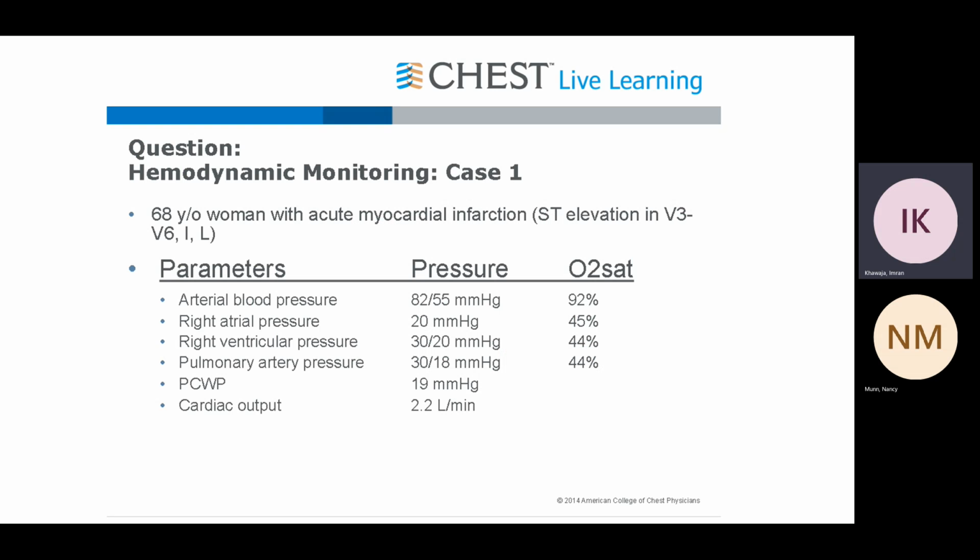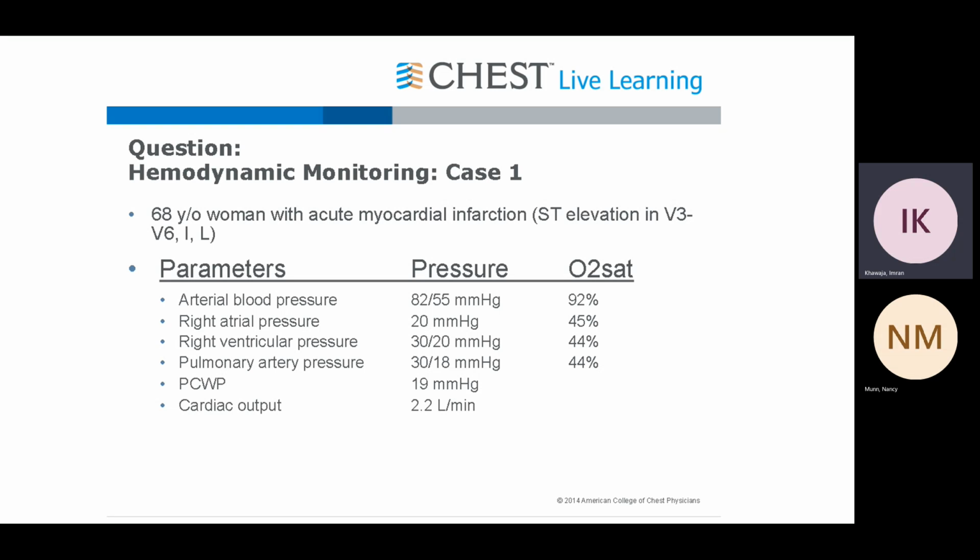All right, Mahmoud. A 68-year-old woman with acute myocardial infarction, ST elevation in V3 to V6, lead 1, LVO. Arterial blood pressure 82/55, which is hypotension. Right arterial pressure high, 20. Right ventricular pressure 30/20.